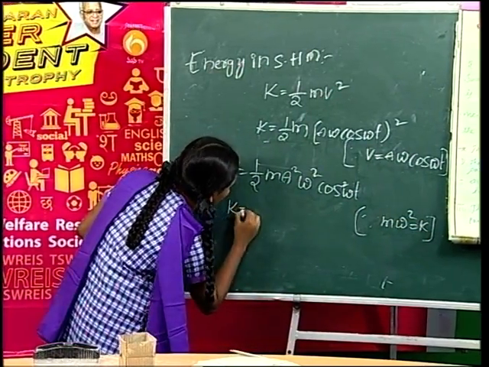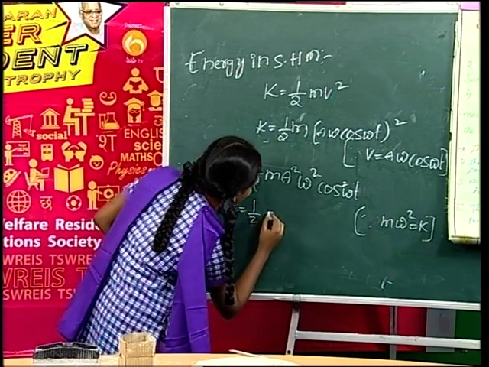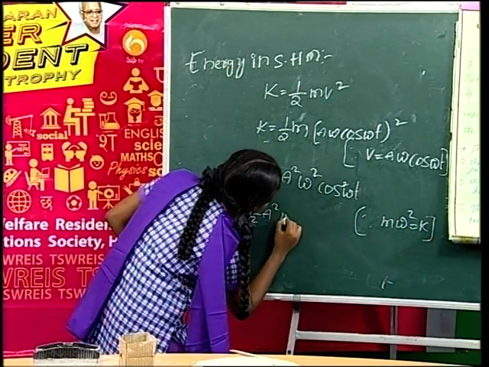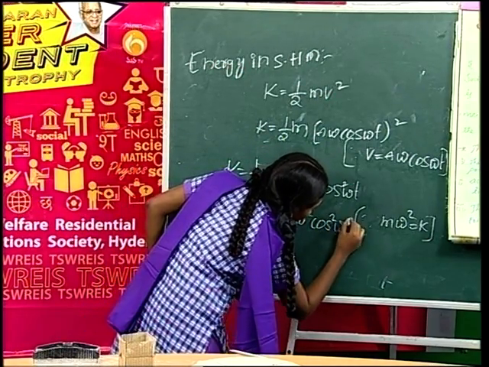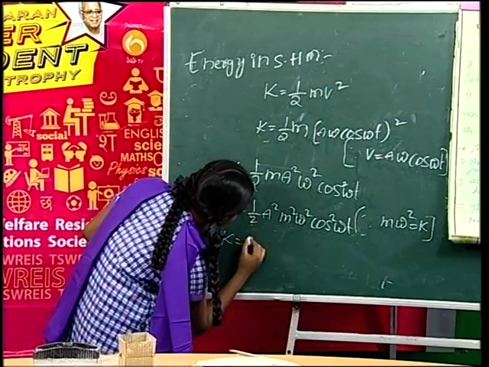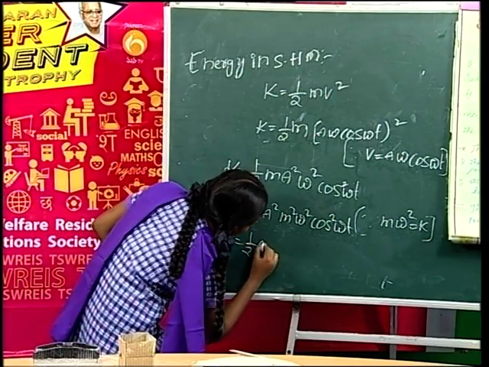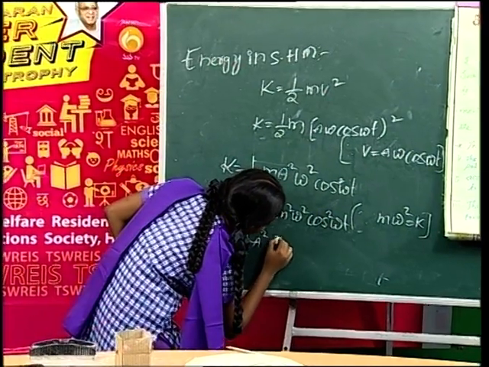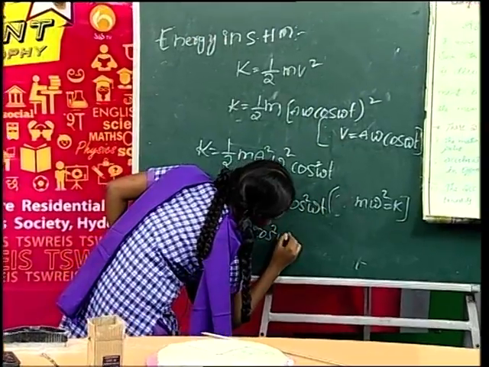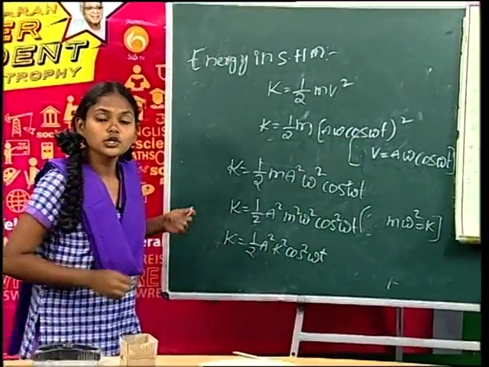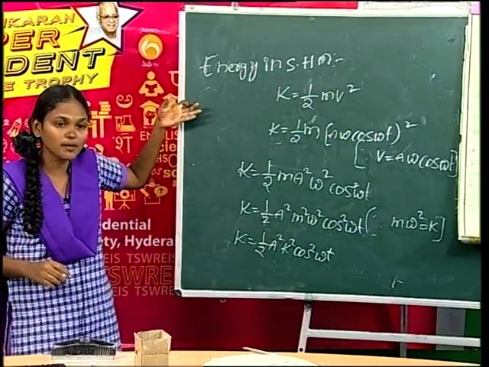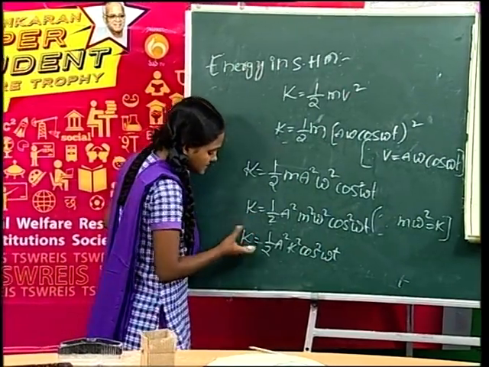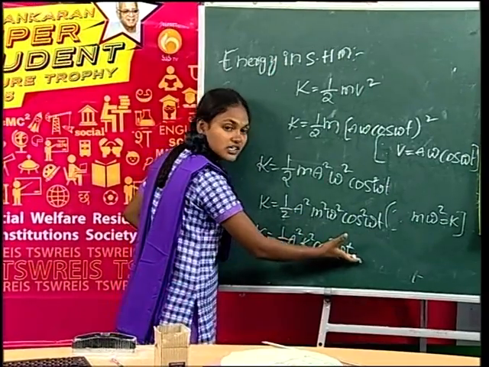So K equals half a square k cos square omega t. When a particle is in SHM, the energy of the particle is half k a square cos square omega t.